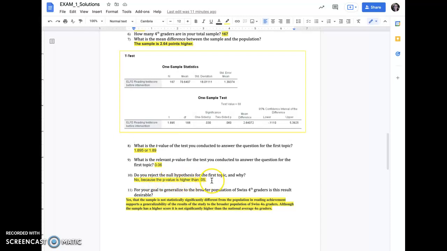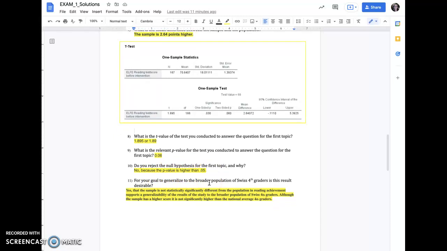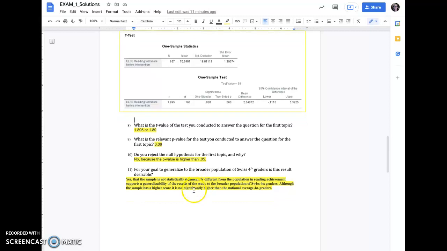We retain it, which means these samples are not statistically different from one another. So even though our sample has a higher mean, it's not statistically significant or different from the population. And that is how we interpret the results for task 1.